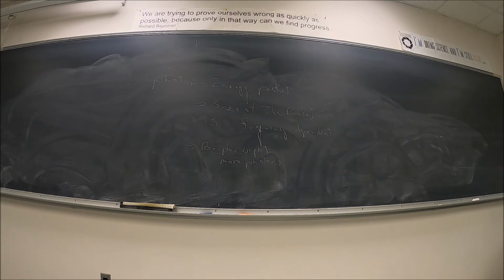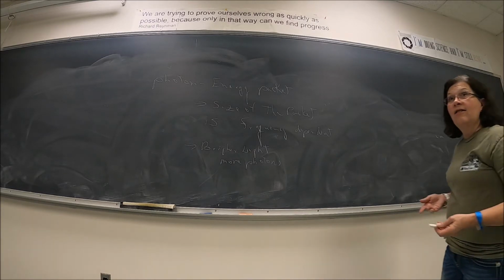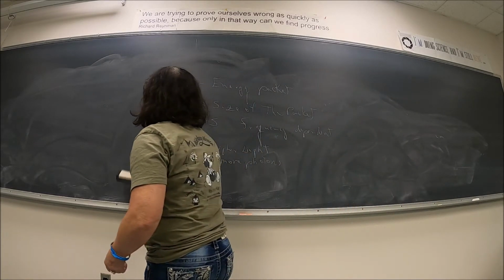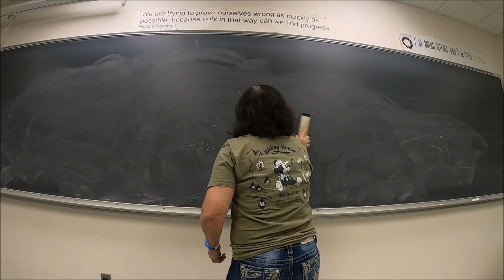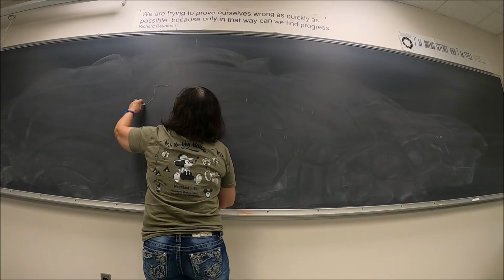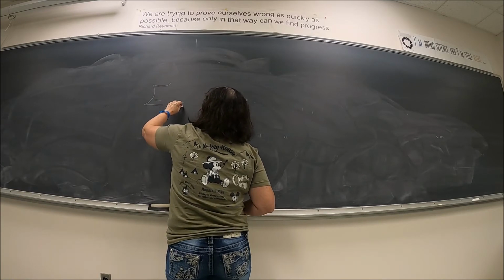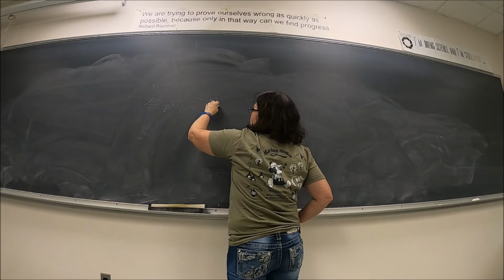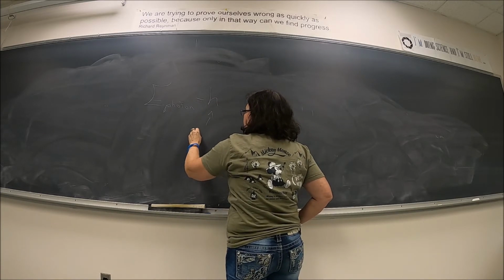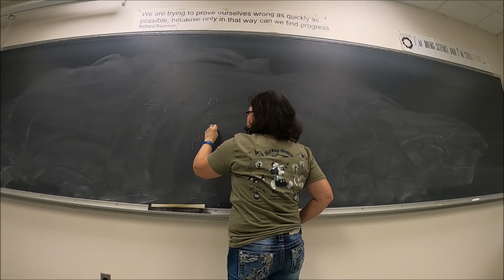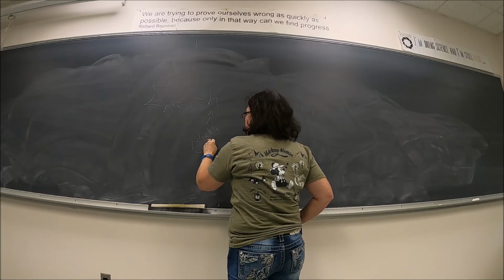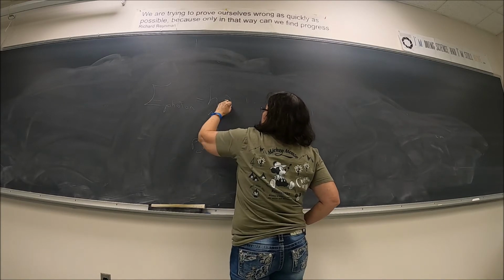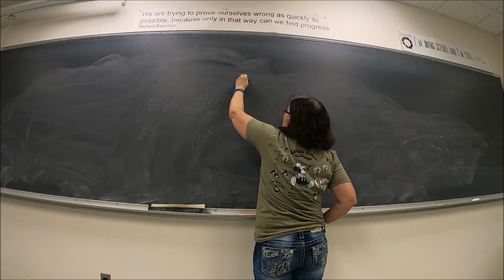All right? Now, Einstein worked with Planck's equation, and he came up with the following equation. It says that the energy of a photon is equal to h, which is called Planck's constant, times nu, the frequency.